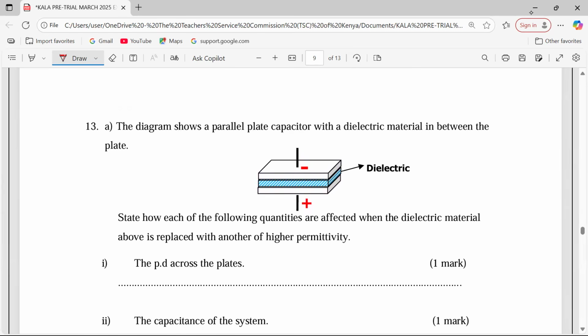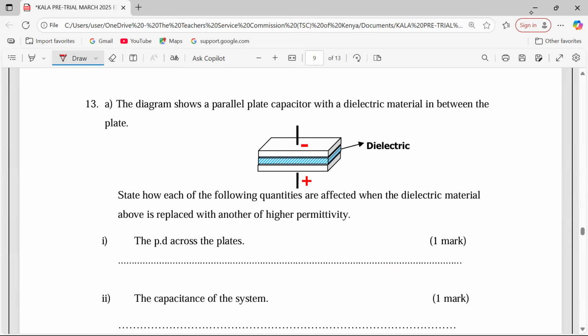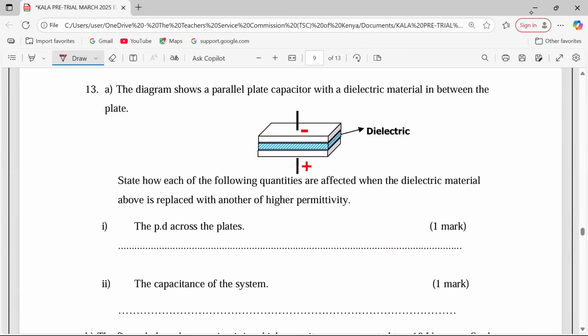Number 13, this is on electrostatics 2. The diagram below shows a parallel plate capacitor with a dielectric material in between the plates. State how each of the following quantities are affected when the dielectric material above is replaced with another of higher permittivity.